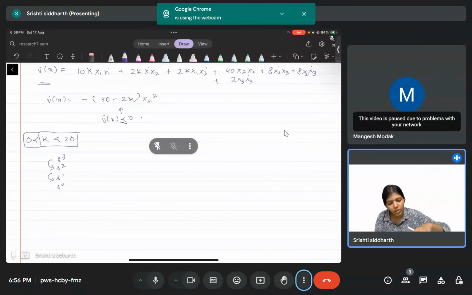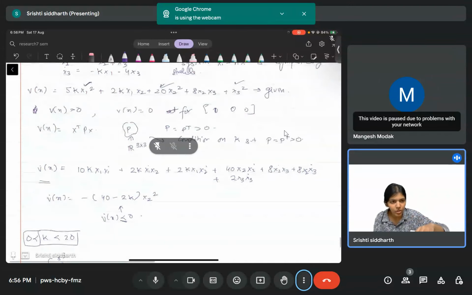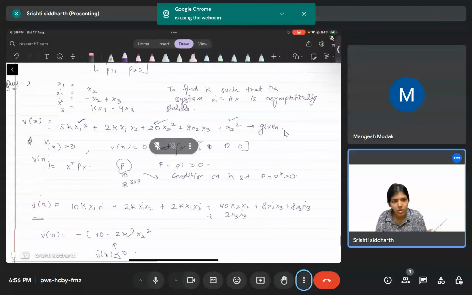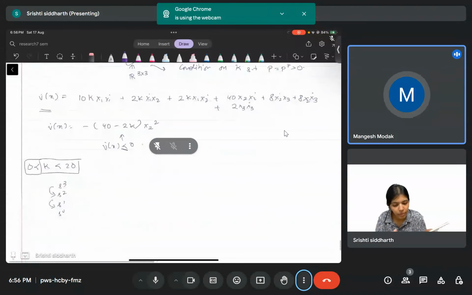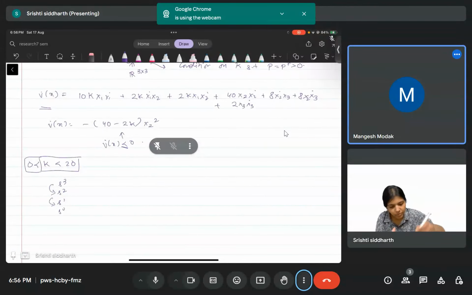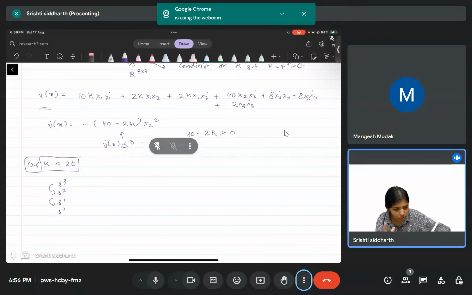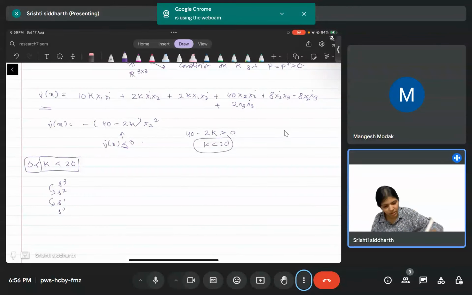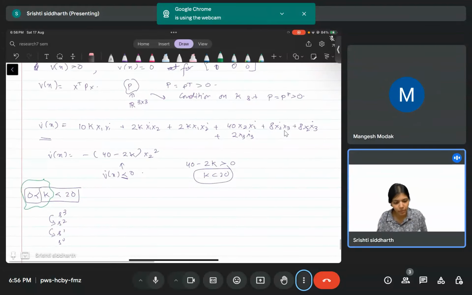So here what we are doing instead is considering the Lyapunov function and then determining the value of k. Greater than 0, that is it. K should be less than 20. You also get something on k from the condition that P should be positive definite.